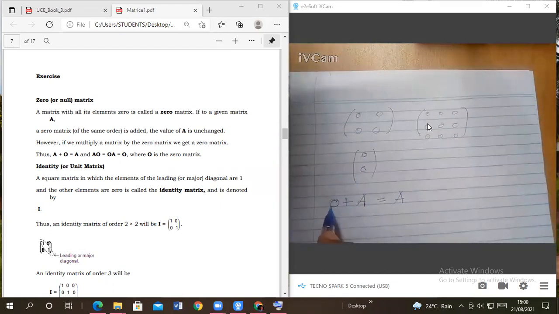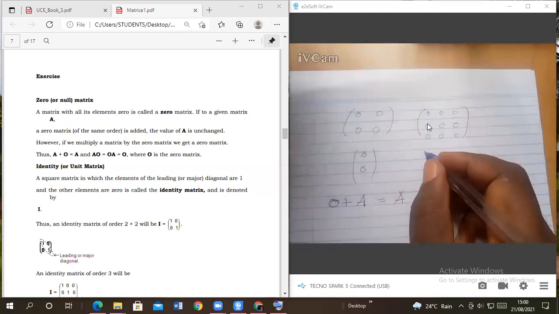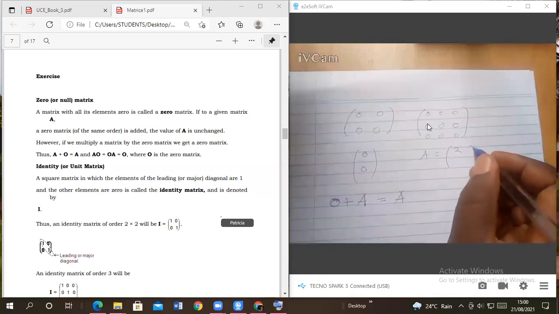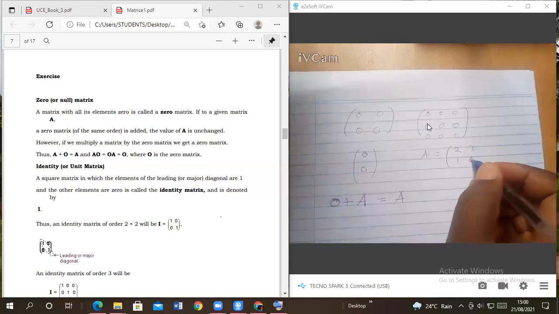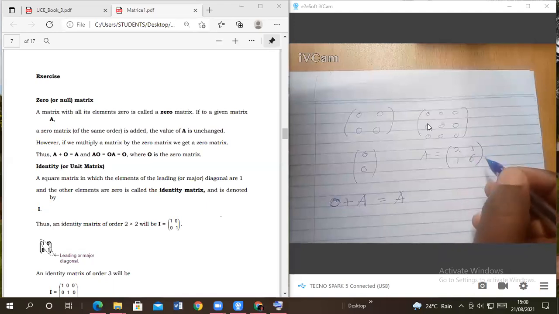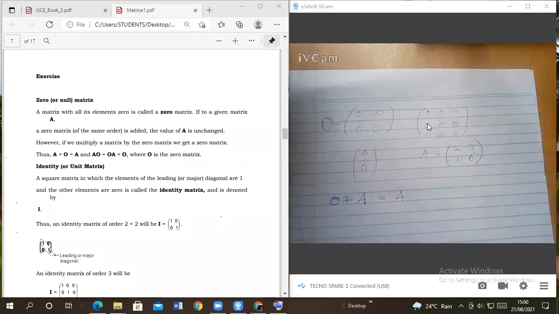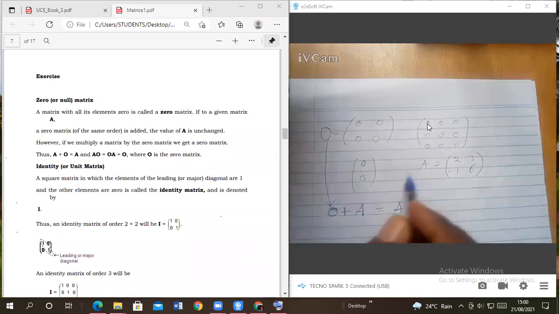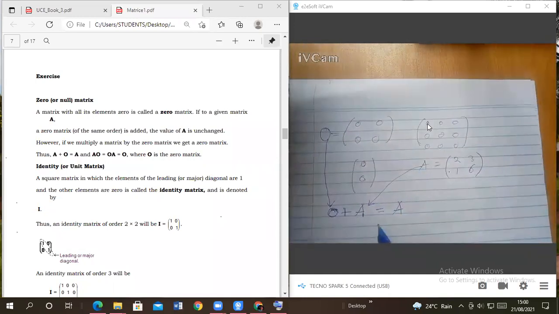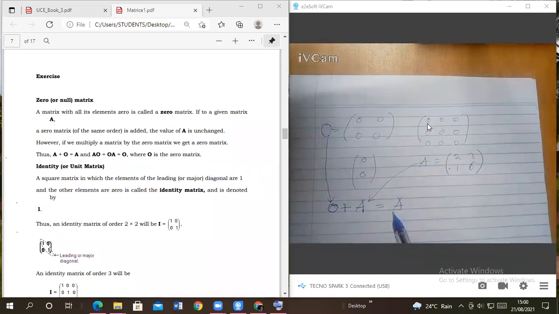If you have a zero matrix O, assuming our A is 2 3 1 0, no, let me use 6. If this is A and this is our zero matrix O, if you add these two, you find that you get the answer as matrix A here. Are we together? Yes. That is one property.